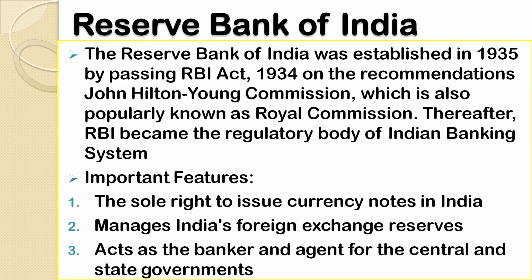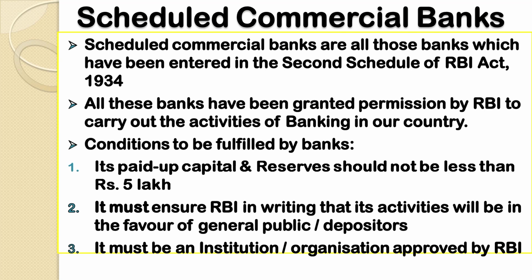RBI is also responsible for controlling inflationary pressures in our country, by monitoring and framing the monetary policies. And last, RBI is also responsible for maintaining India's foreign exchange reserves.